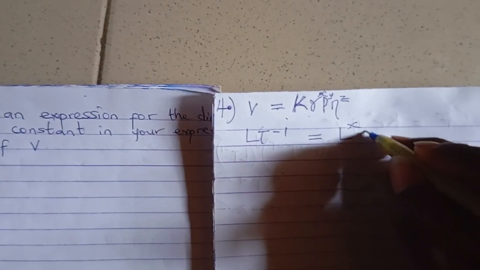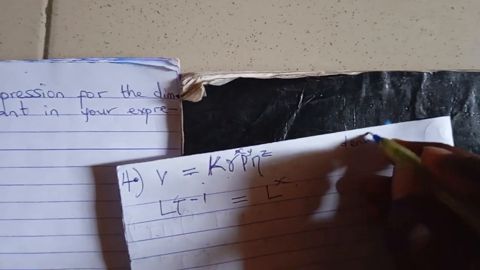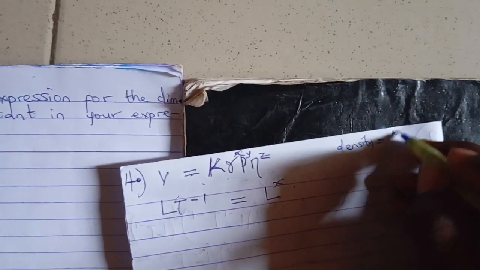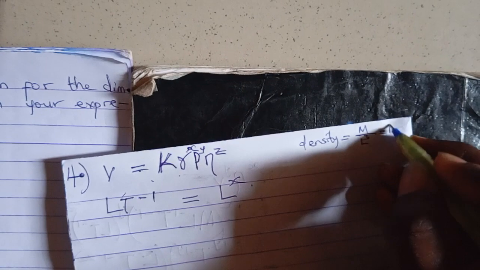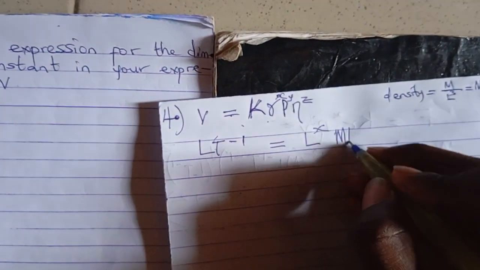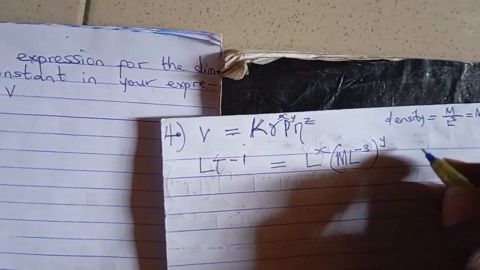Density, first of all, is mass over volume, and volume is L raised to power 3. So density is M L raised to power minus 3. So I put it here, M L raised to power minus 3, all raised to power y.